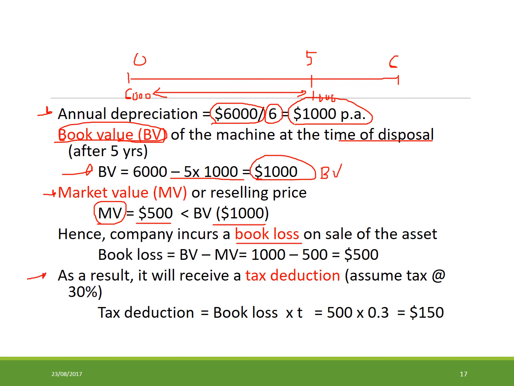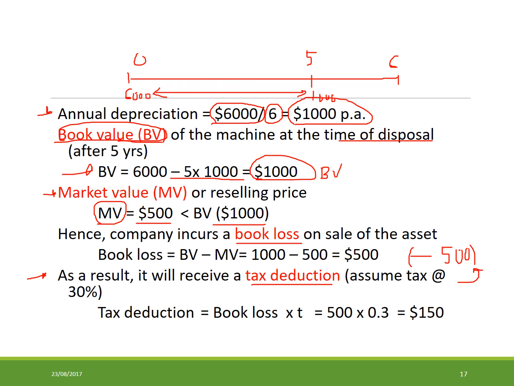So with a book loss, instead of paying taxes, we receive a tax credit, right? So because this is a loss, this is a negative cash flow. We receive a tax credit on the sale instead of a tax liability.